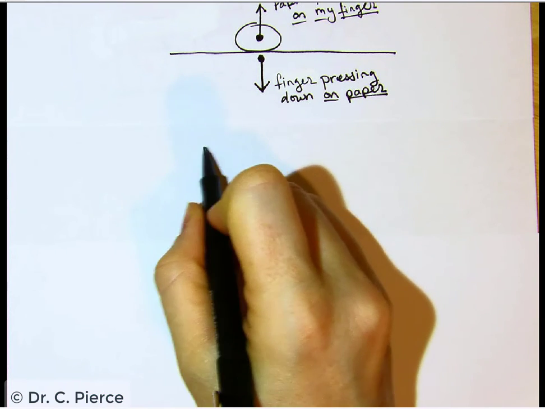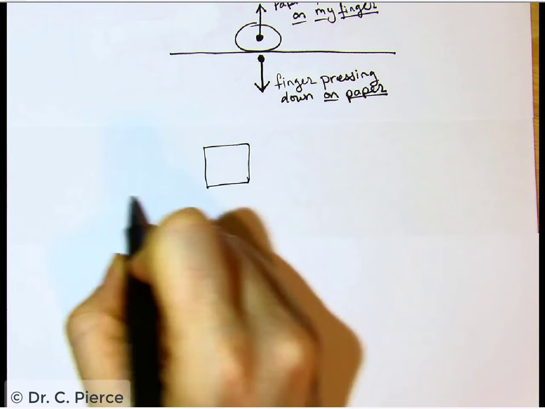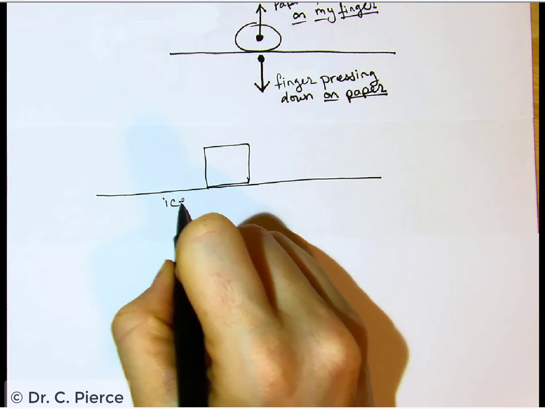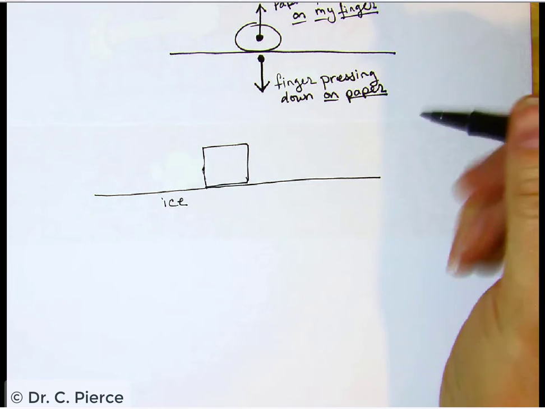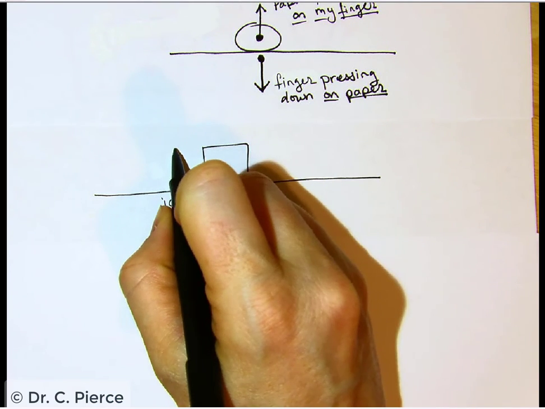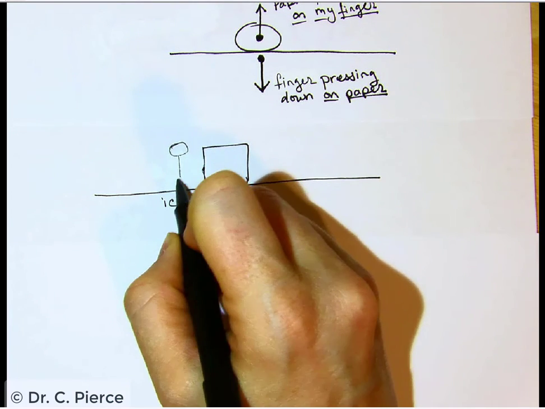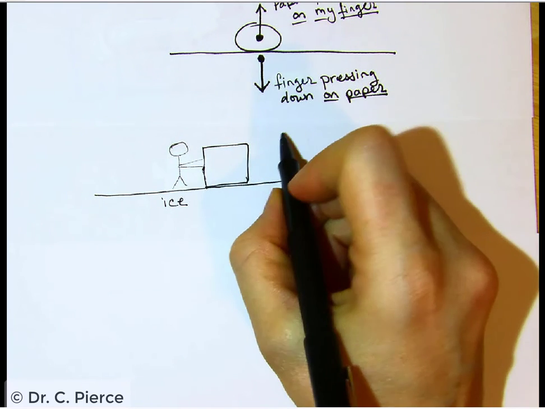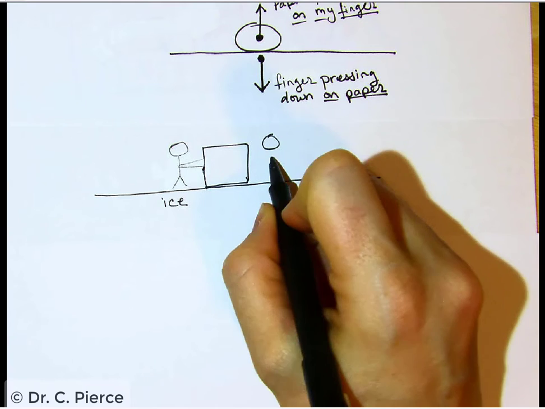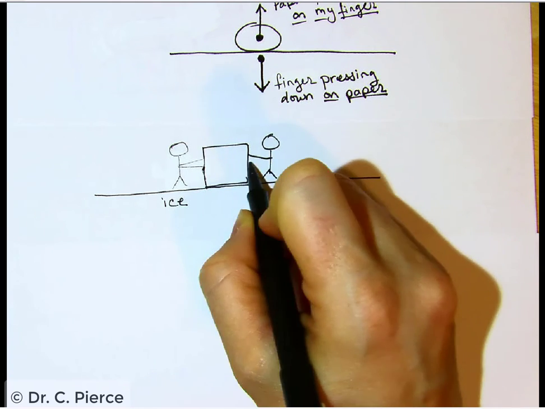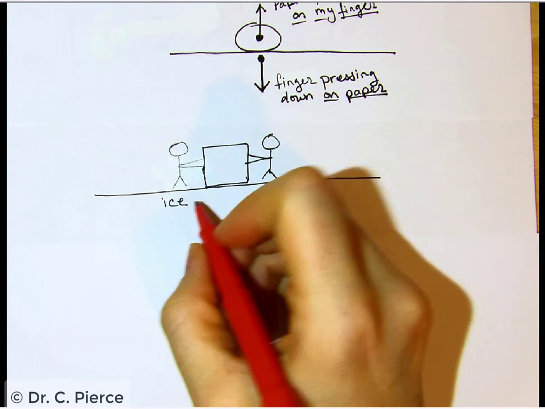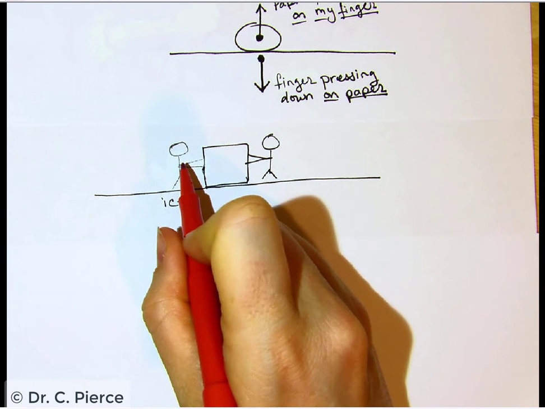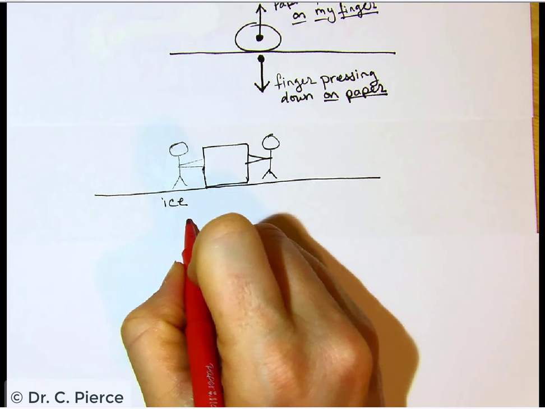Let's imagine a box sitting on a floor, and how about we even just say that the floor is ice right now, so we can ignore friction. And then I'll imagine one person standing over here, pushing on it, and then another person standing over here, pushing on it. Let's presume that this person is pushing with 50 newtons of force.